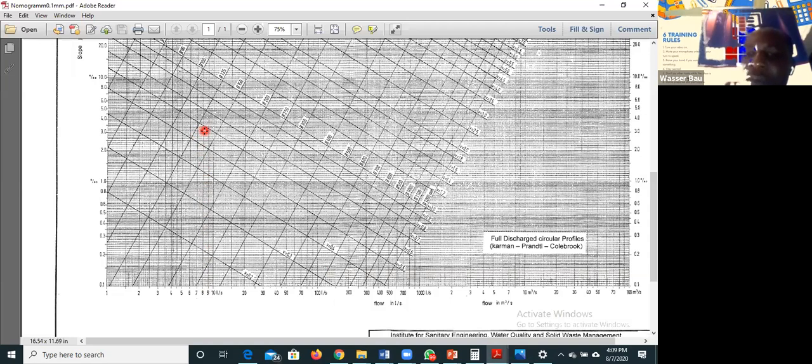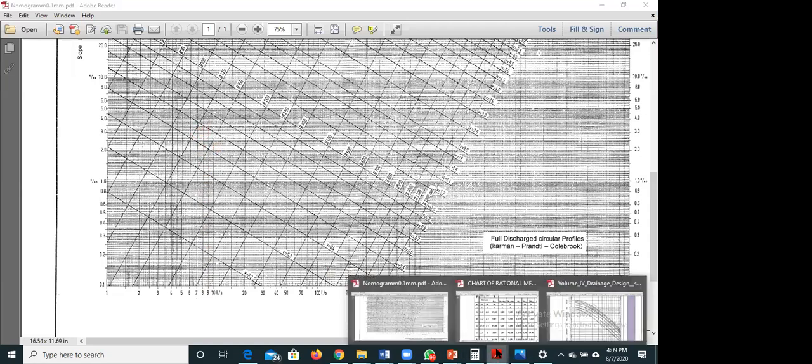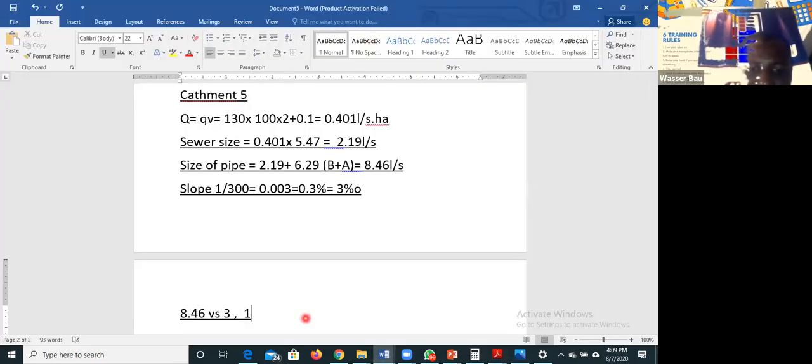So I'm going to use 150. So the value is going to be a 150 millimeter pipe.